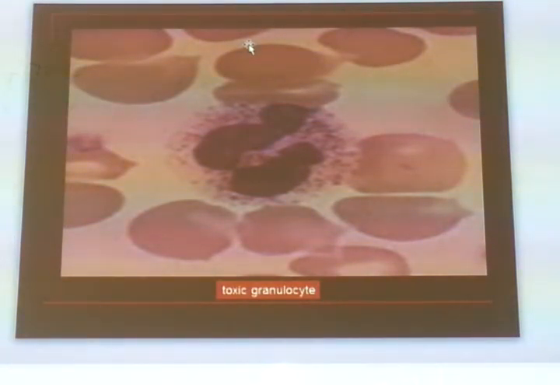So the soldiers are taking heavy weapons to kill the enemy. Toxic neutrophil means a more effective neutrophil to finish the bacteria. The granules are larger in size, maybe more in number, more prominent in the cytoplasm. But the color is the same, not like eosinophil. Clear? So we recognize this from the color of the granules.